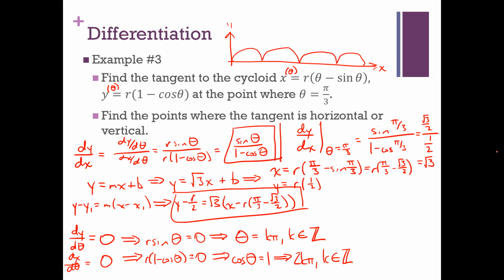We can't say dy dx is equal to 0 because the whole thing's undefined, right? So I think we can repair this by doing this. I'm going to say this is equal to odd multiples of pi, right? So I'll say 2k plus 1 times pi.